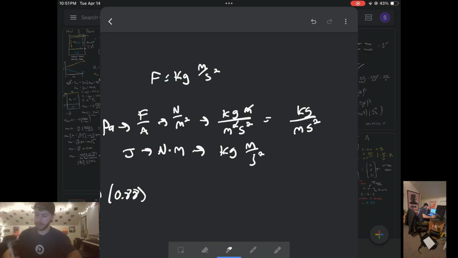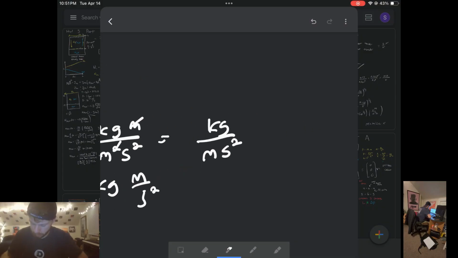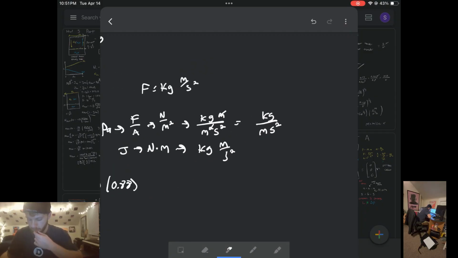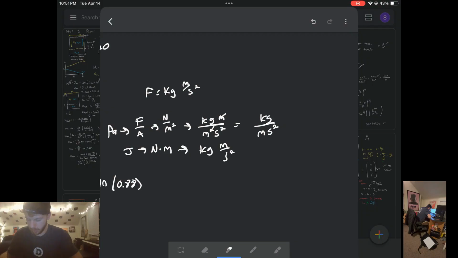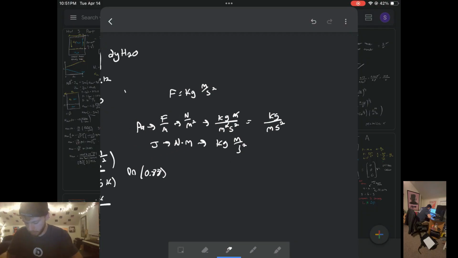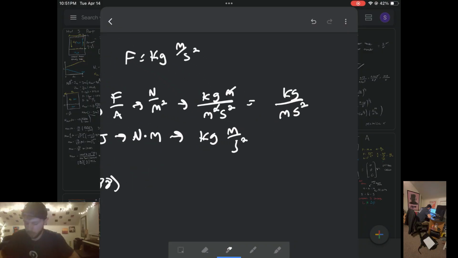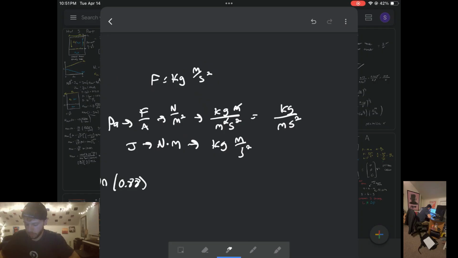This should have been divided by our area too, so wait. Okay, so meters per second squared times meters, so that would just be kilogram meter squared per second squared.